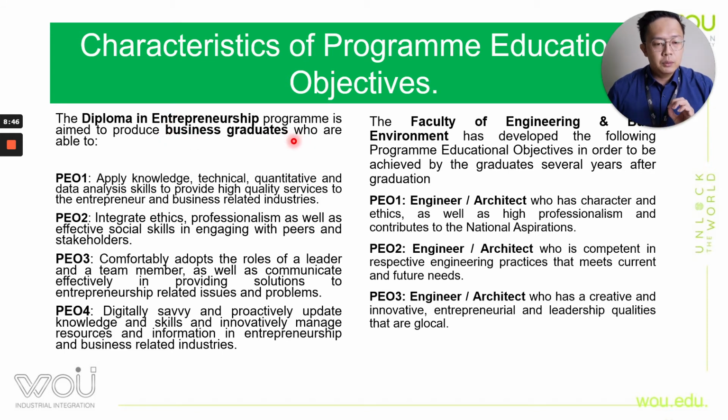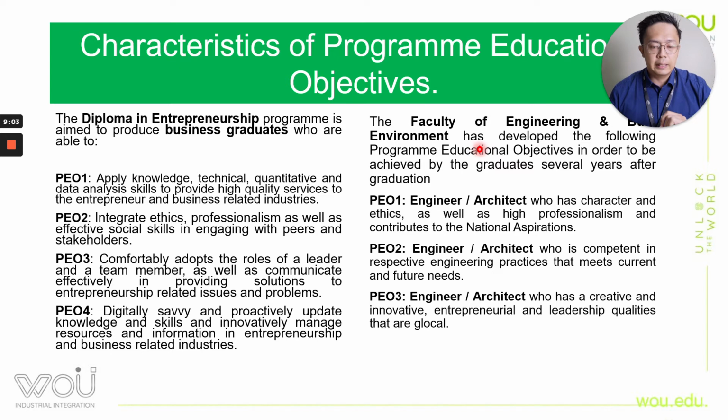You can see that for a business program, it will be more general. Usually we just mention business graduates or business managers or something like that. But if you are doing a more professional program like engineering, then you have to mention the appropriate title accordingly.